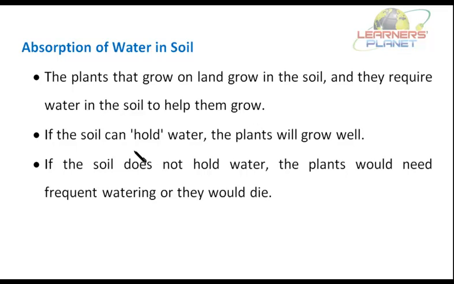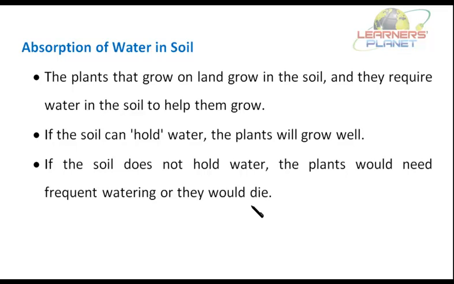So if the soil can hold water, the plants will grow well, because if the soil cannot hold water, obviously the plants do not get water, and because of that the growth of the plants will be hindered. That is why this is one of the very important properties of soil. If the soil does not hold water, the plants would need frequent watering or they would die.